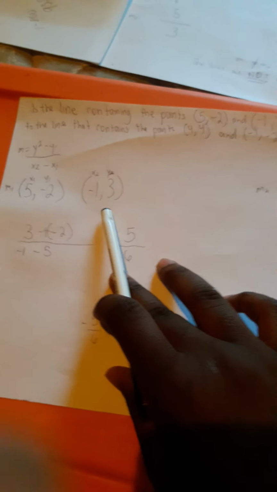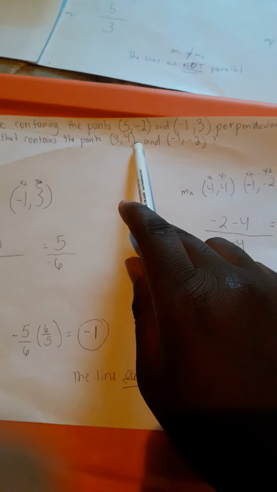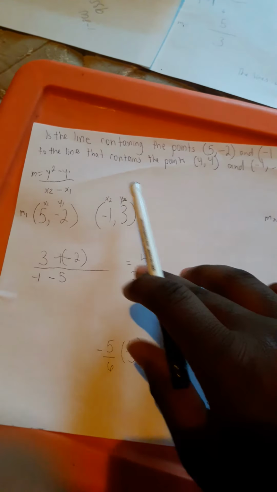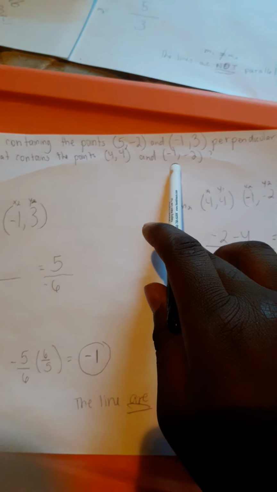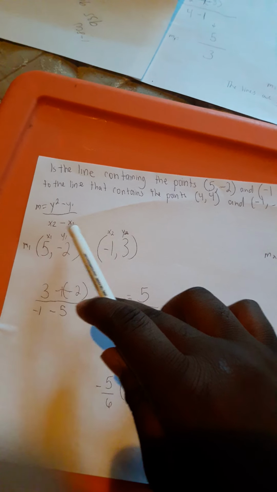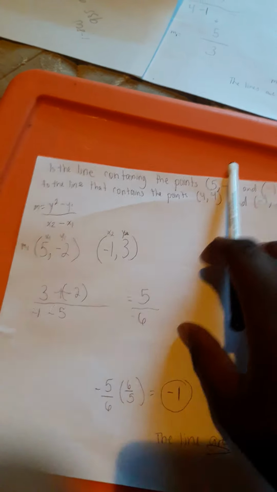Okay, next problem. Is the line containing the points (5, 2) and (-1, 3) perpendicular to the line that contains the points (4, 4) and (-1, -2)? Alright, so this is y2 minus y1 over x2 minus x1.